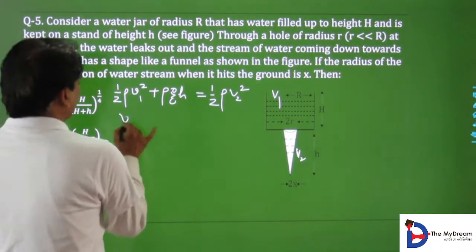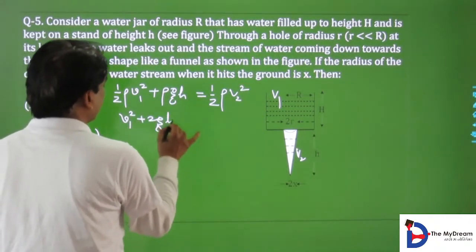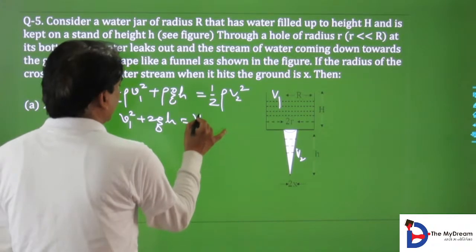So v1 square is equal to 2gh, and then v2 square.